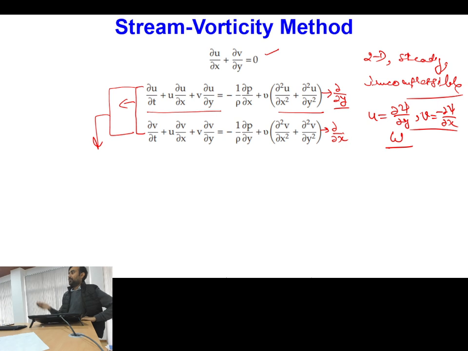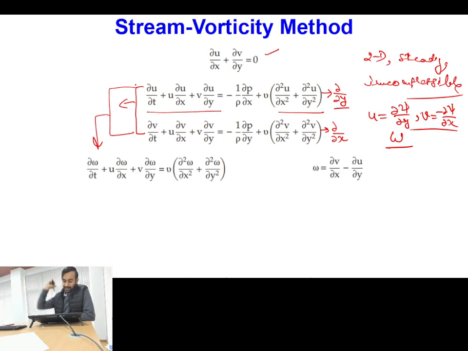Okay, so in the biharmonic case we have done some divergence operation, so that operation I am doing over here. The first equation is del by del y and the second equation is del by del x. Okay, and after doing this operation, then I will actually subtract one equation from the other. So if I do this subtraction, then ultimately what will I be getting?